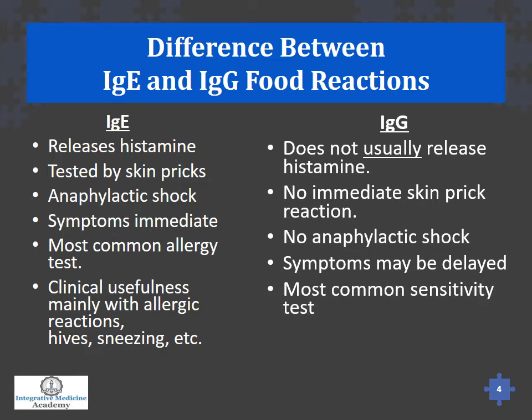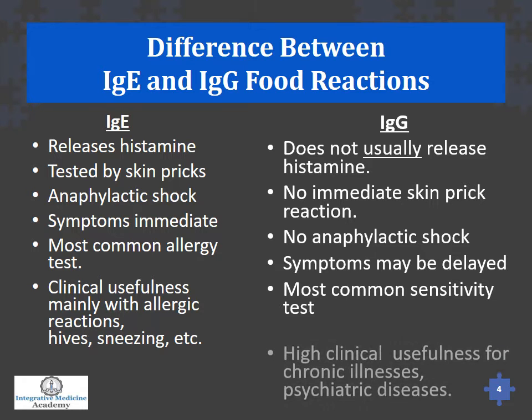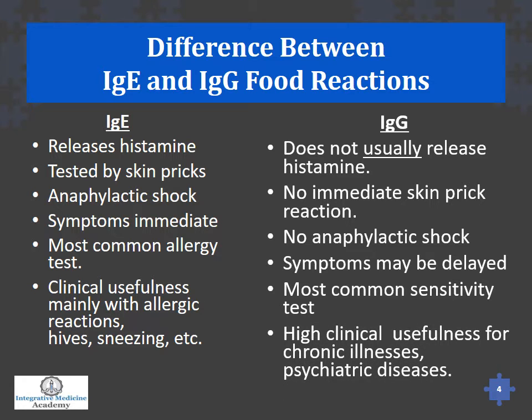The problem is that most people don't have severe IgE allergies, including many kids with autism. What most people have, when they have a reactivity to a food from an immune system standpoint, is an IgG reaction, which is more delayed. It's not as serious or severe.